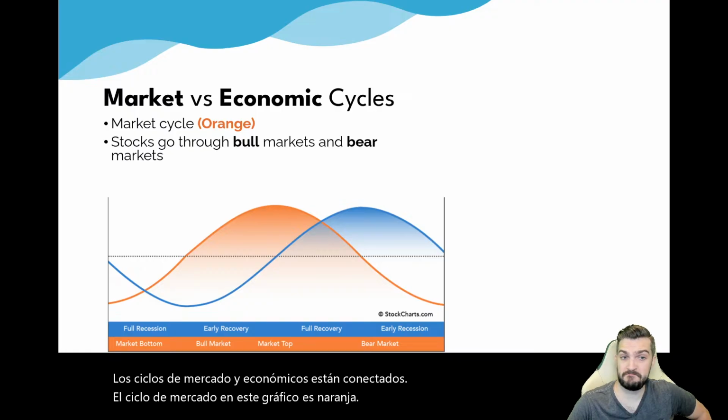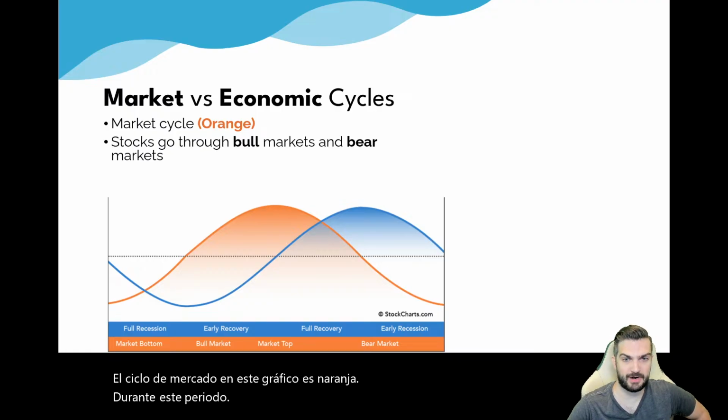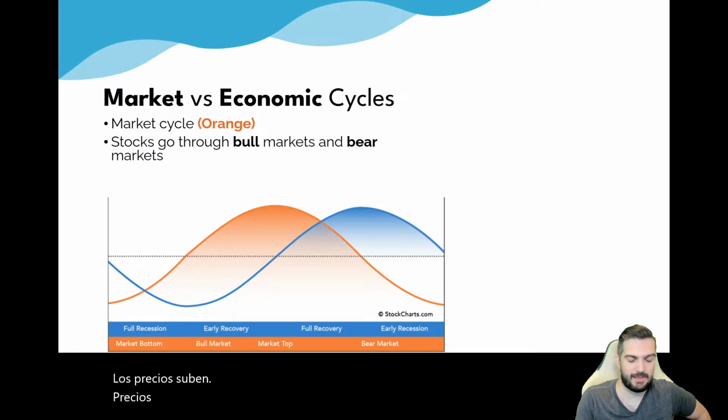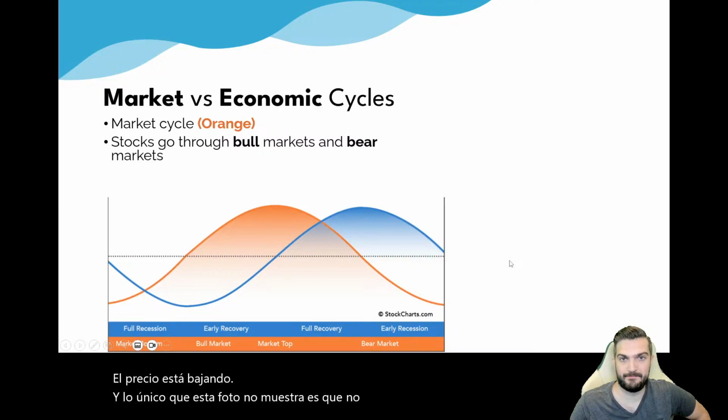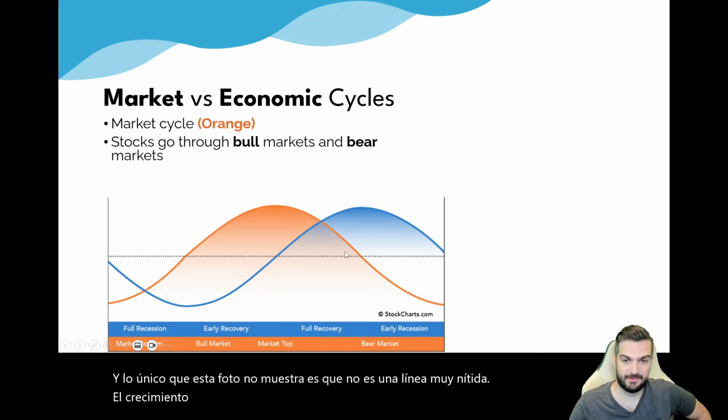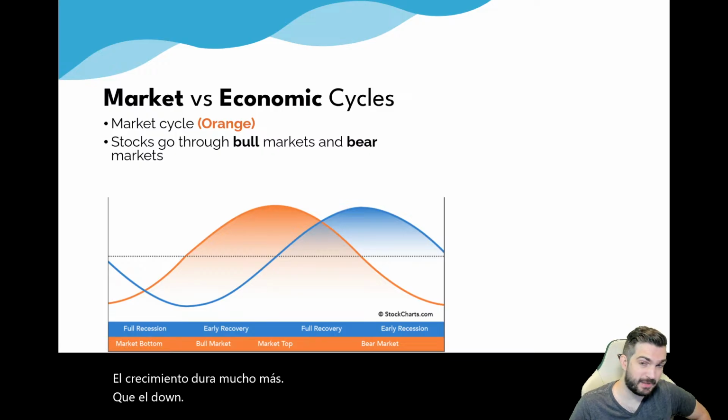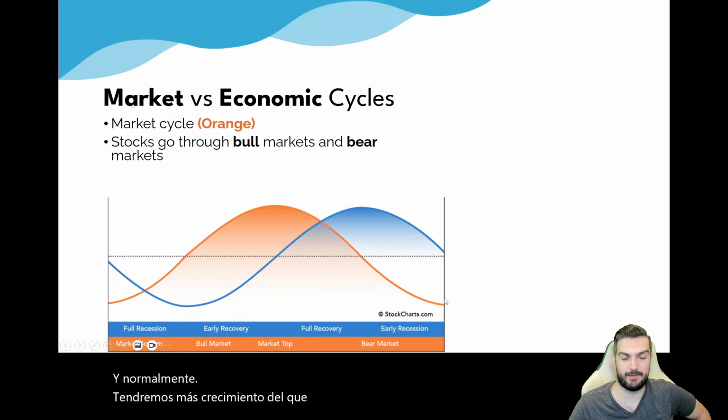During this period, stocks will go through bull markets, prices going up, and bear markets, prices going down. And the one thing this picture doesn't show is that it's not this very clean line. The growth lasts a lot longer than the down.